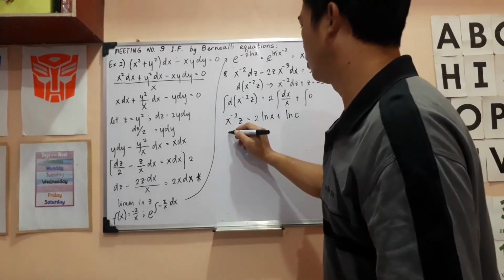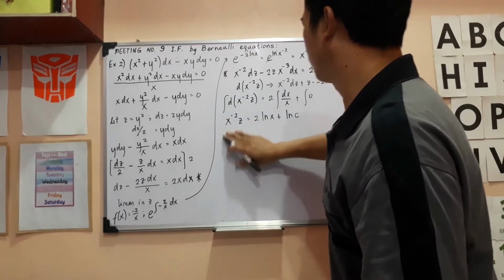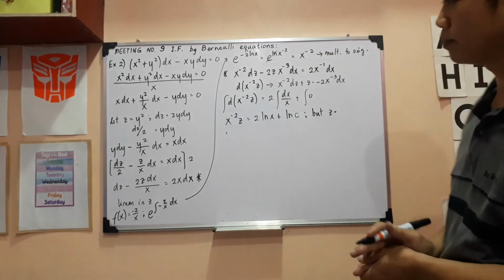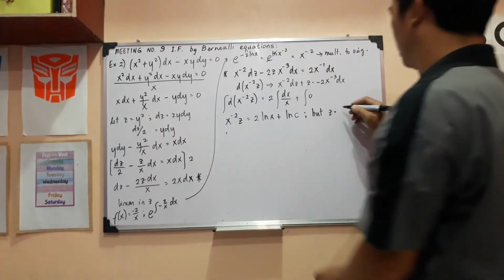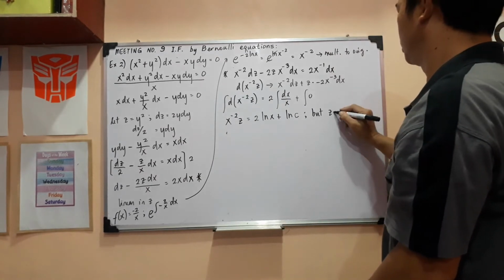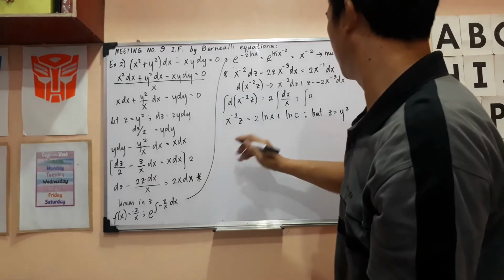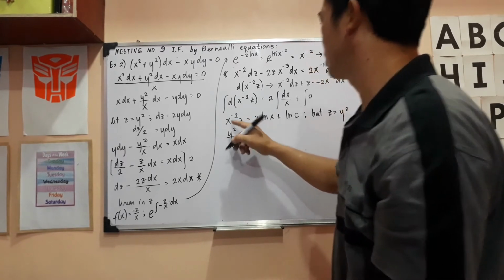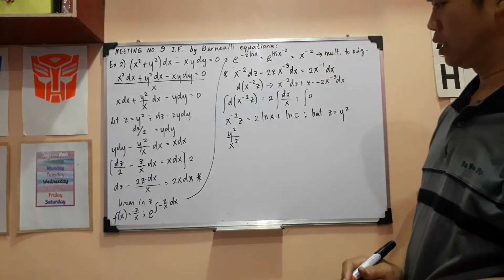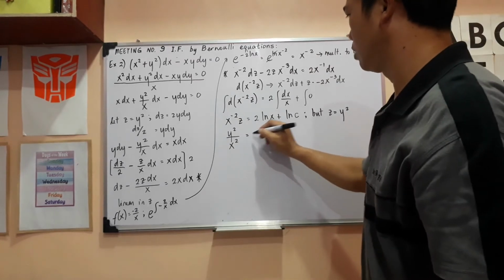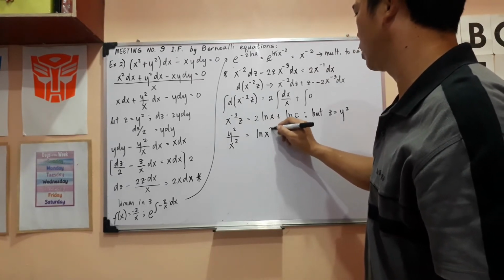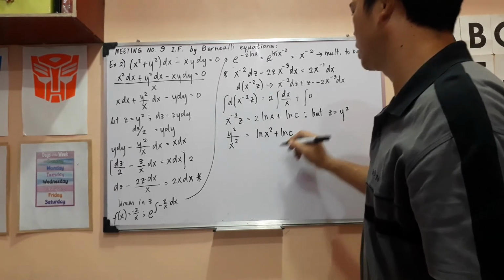So, we have now y. But what is z? But z is equal to y square. We have now y square all over x square because x raised to negative 2 is x square at the denominator is equal to ln x square plus ln of c.